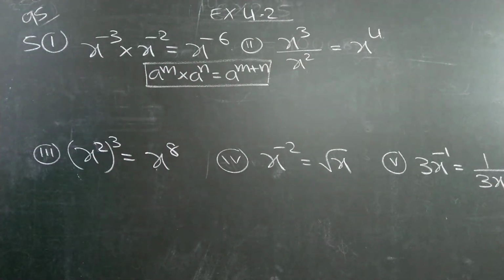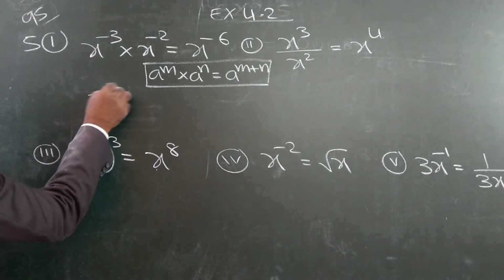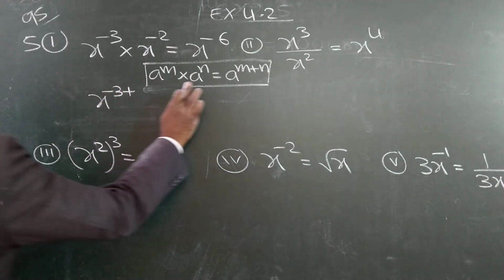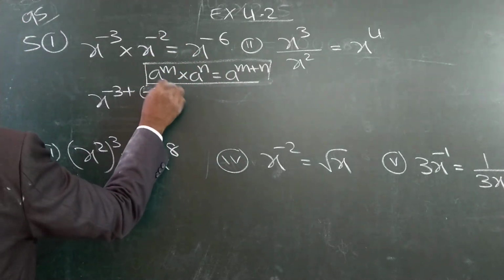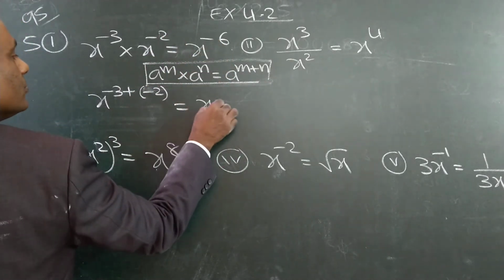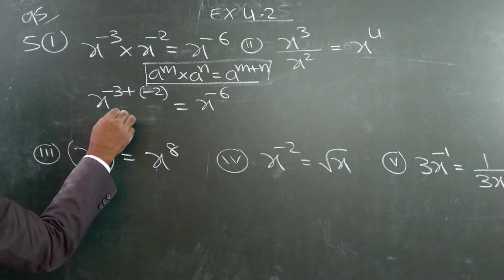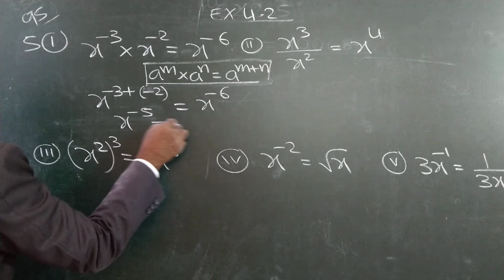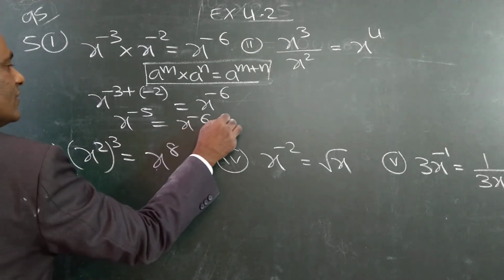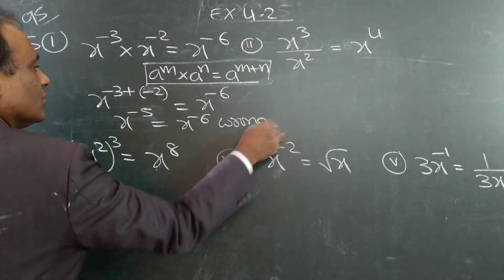So simplify the left side. m plus n, what is n? Minus 2. Right side same. What is the left side? x power minus 3 plus minus 2 is minus 5. Right side minus 6. This is wrong.